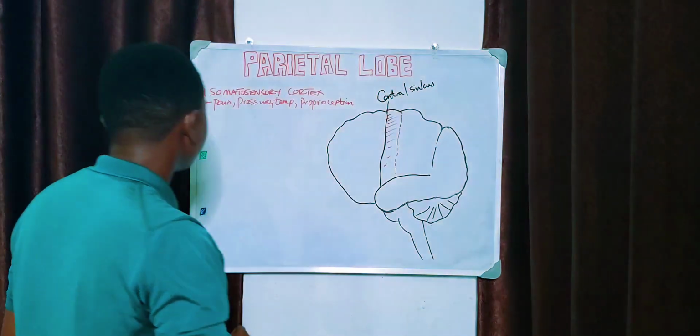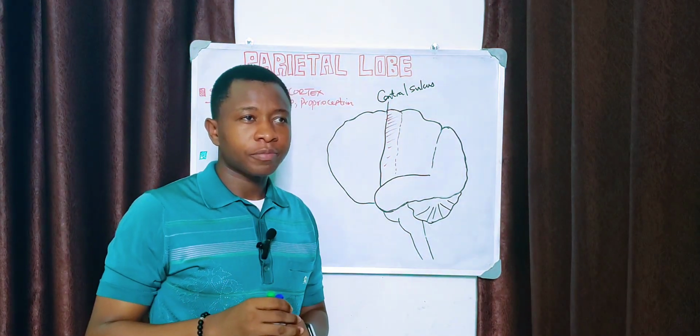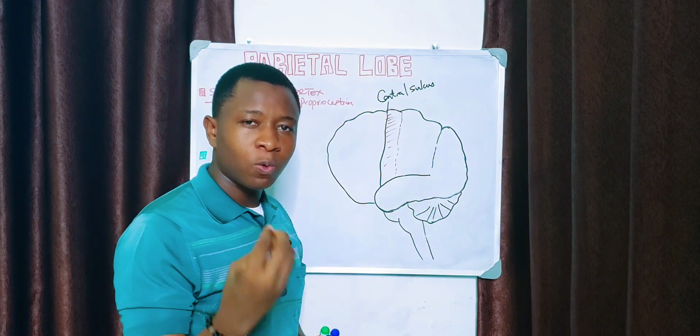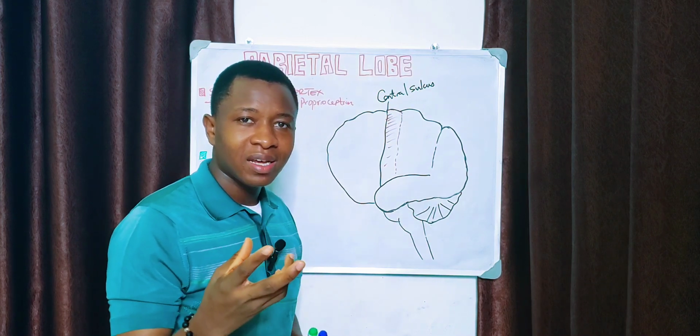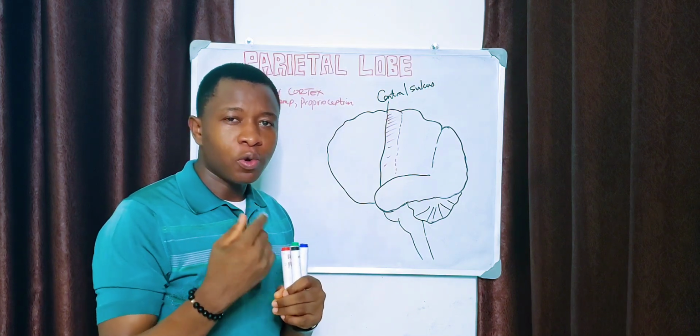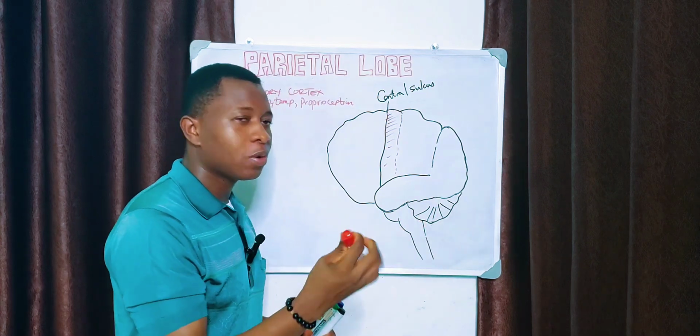All right. Now, the somatosensory cortex also plays a role in things like feeling the weight, the size, or the texture of an object. All right. So it plays a role in judgment. So it helps you to feel a particular thing.